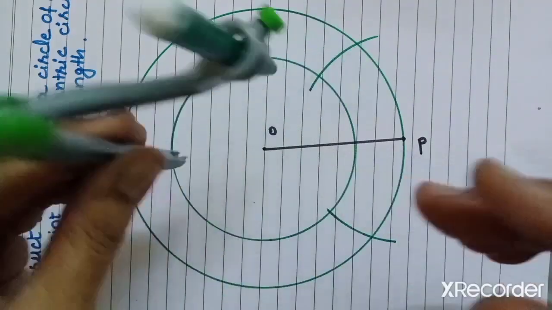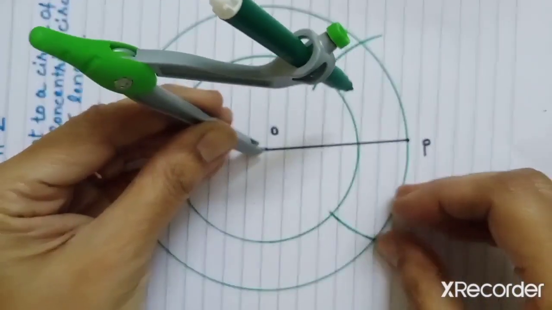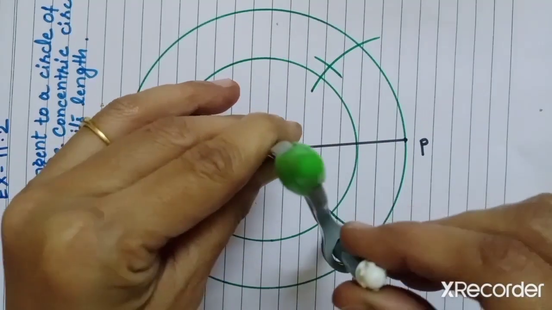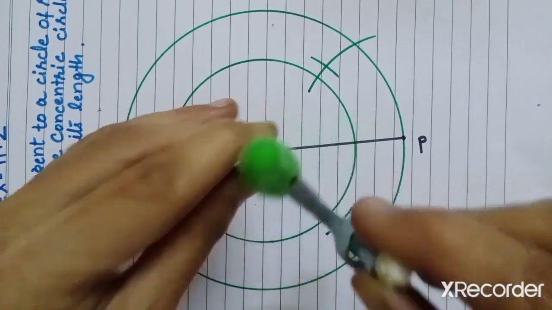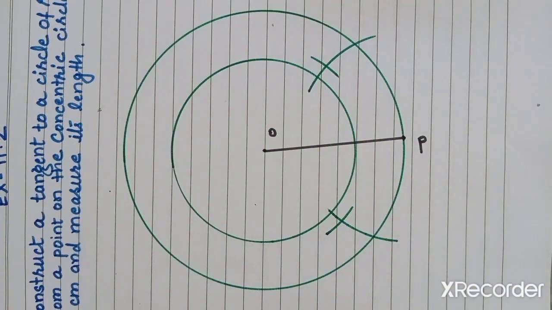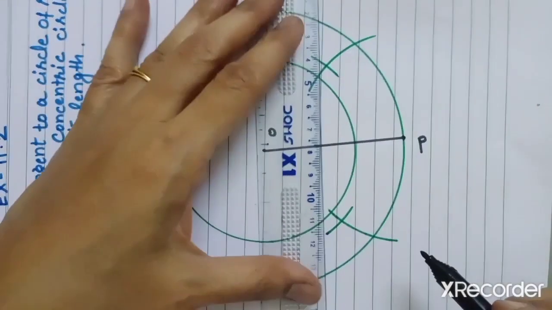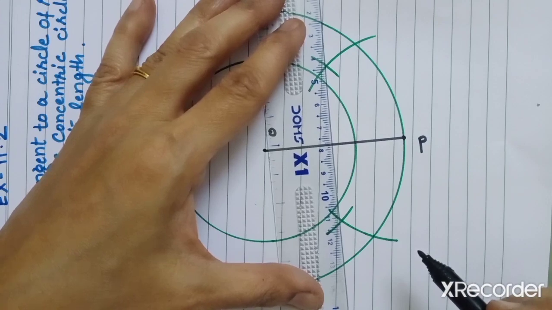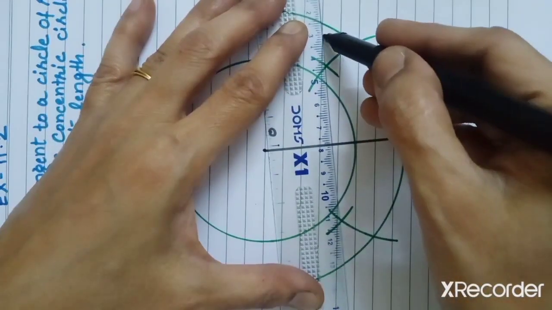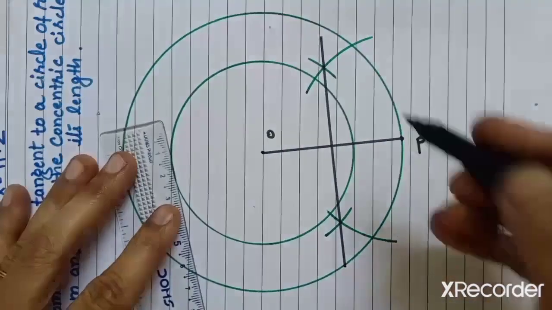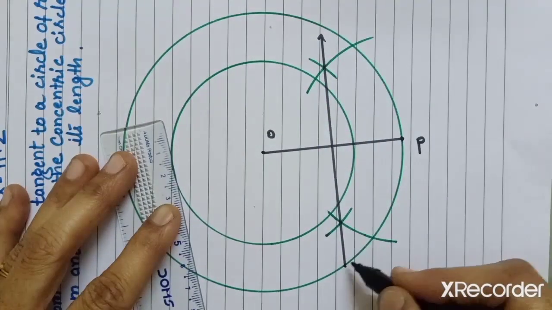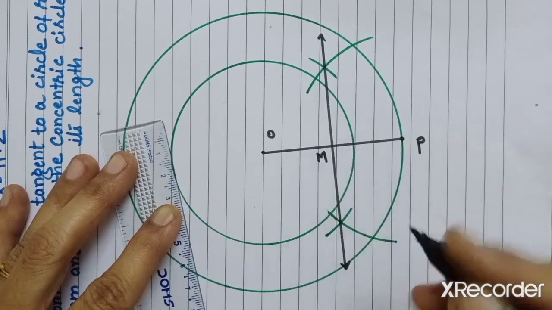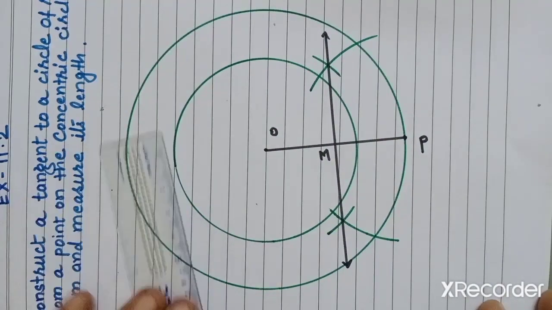Now with O as a center, draw another two arcs intersecting the previous ones. Now you join these intersecting arcs. So you will get a perpendicular bisector line. So this is point M, which is the midpoint of segment OP.